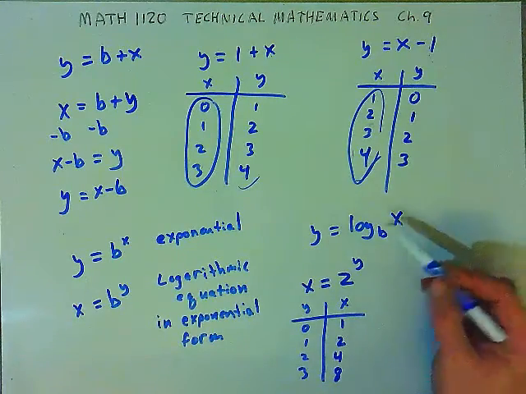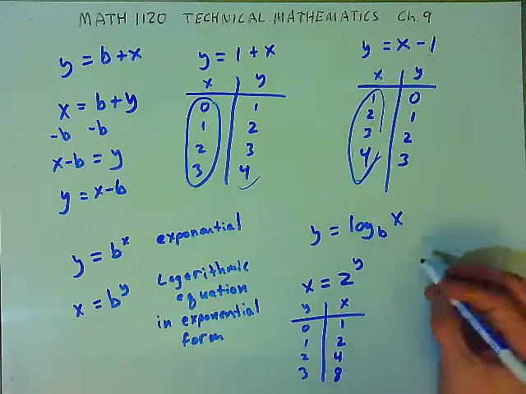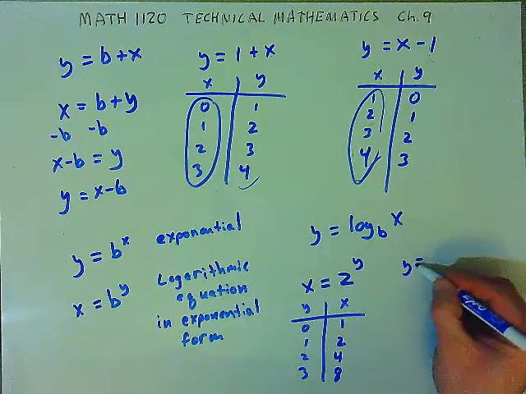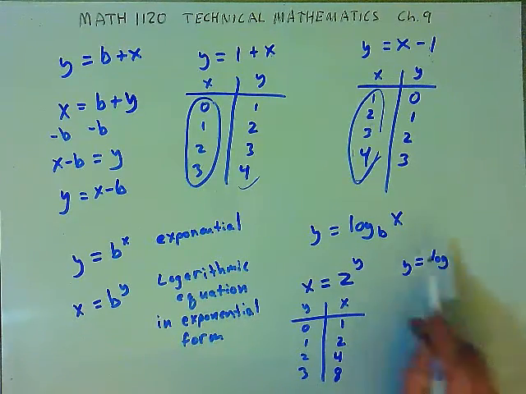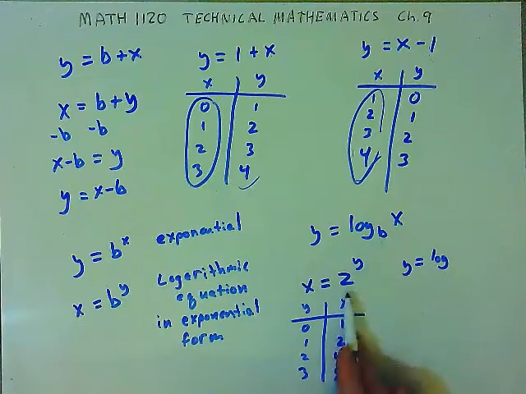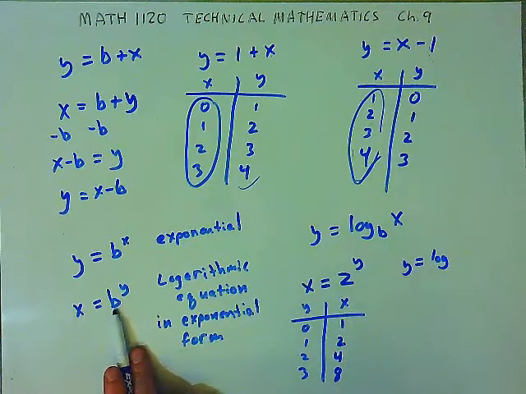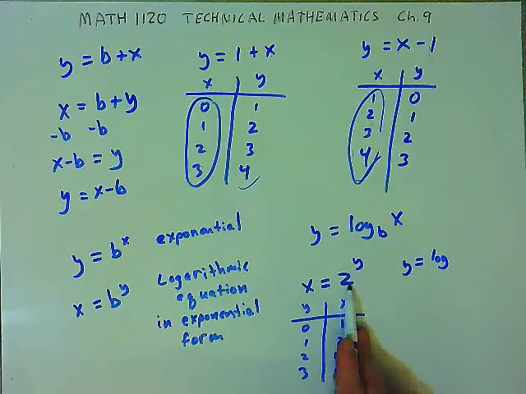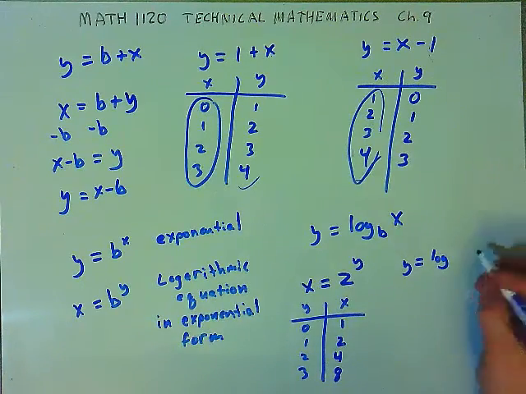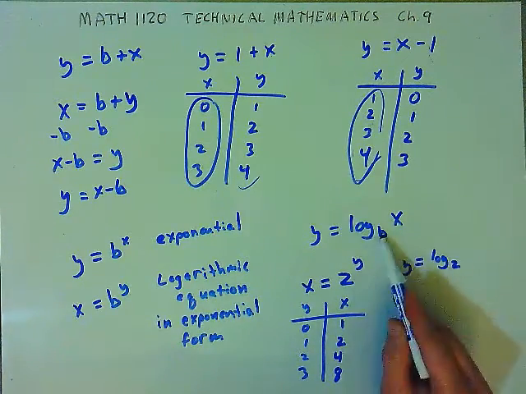And let's see what happens in the logarithmic function. Now we're saying that y is equal to log base b, where b is the base. In my example, the base is 2, right? That's where b falls in the formula. So y is equal to log base 2 of x.